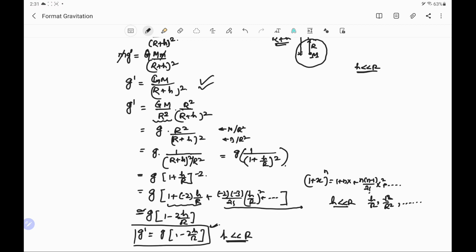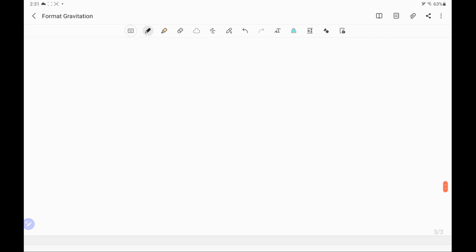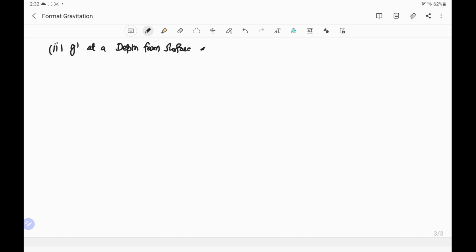Next, we take acceleration due to gravity at a depth from the surface of earth. g dash at a depth d from the surface of earth.